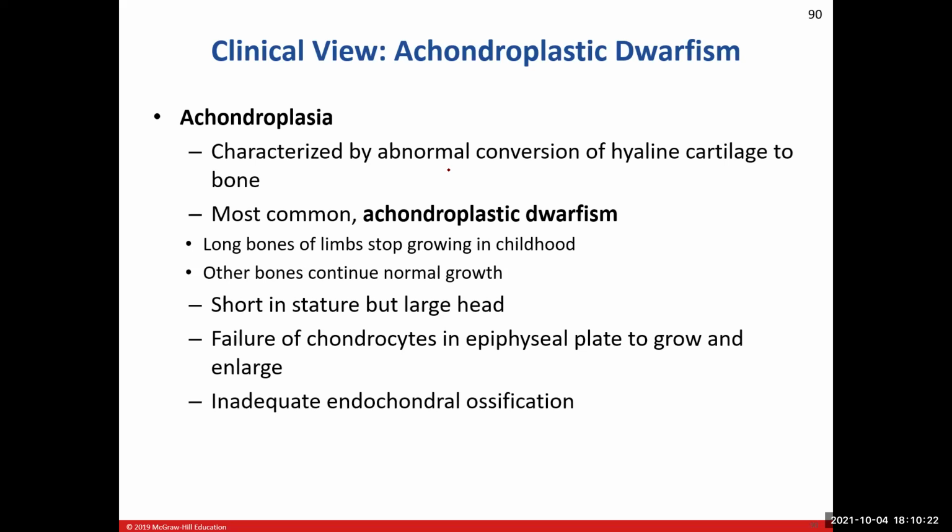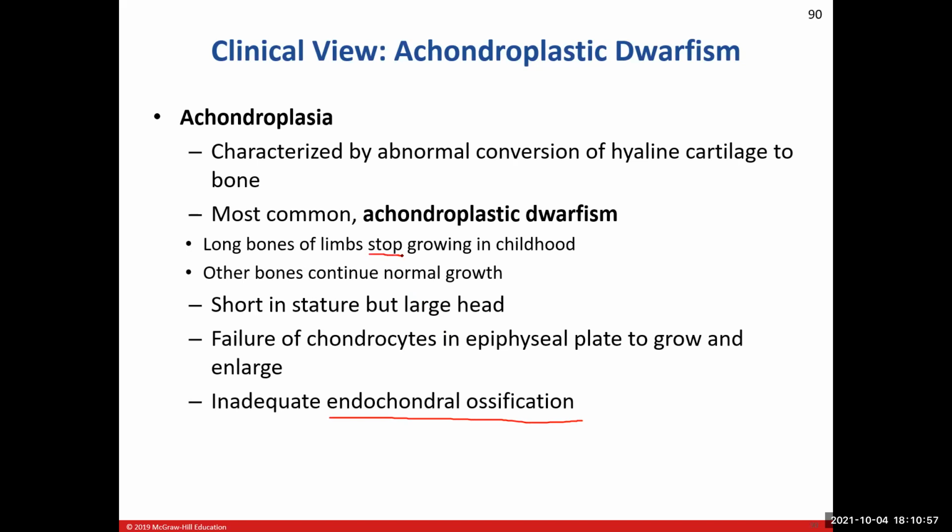Because of that, we have inadequate endochondral ossification, which we talked about, and so there's an issue at the growth plate. When we're talking about our long bones, these folks don't undergo complete growth during their childhood. When they're a child, the limbs will stop growing before they even get to their teenage years.